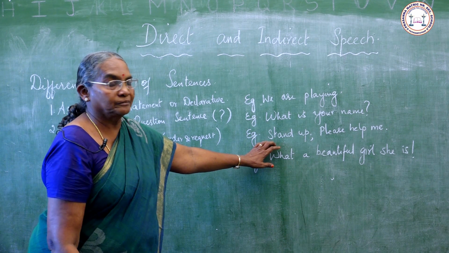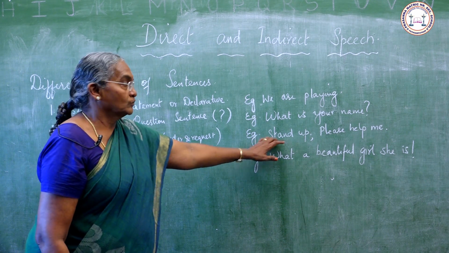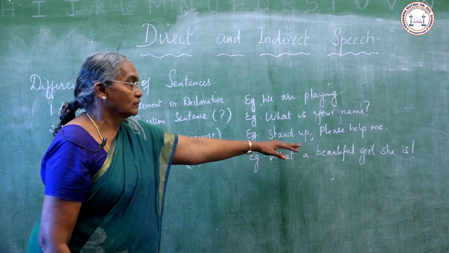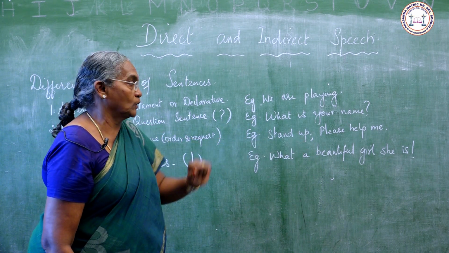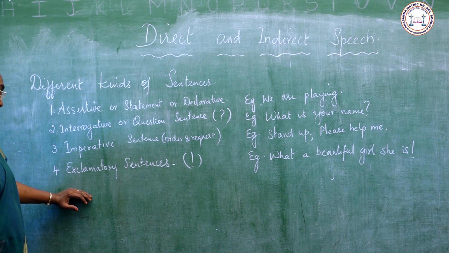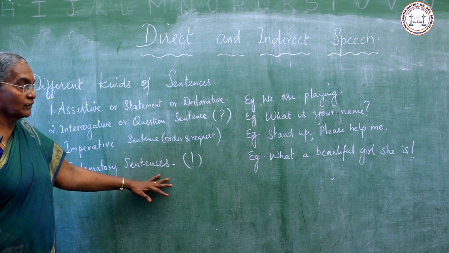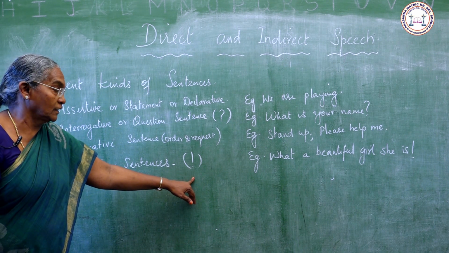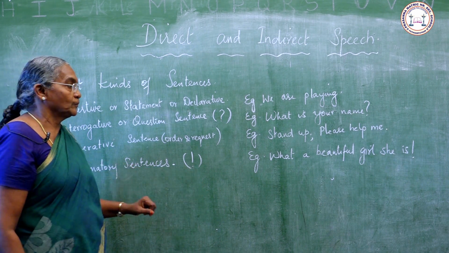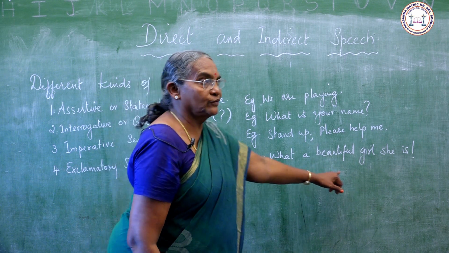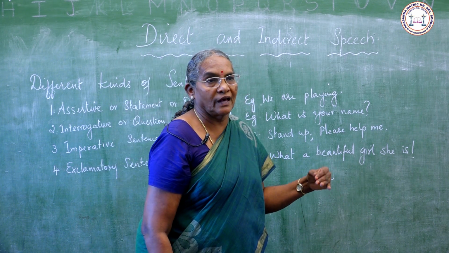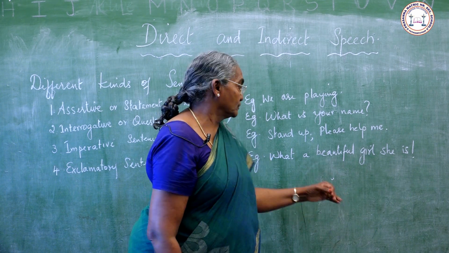Example, stand up. Please help me. Stand up, it's an order. Please help me, it is a request. The next kind, exclamatory sentences. Usually exclamatory sentences end in exclamatory mark. What a beautiful girl she is! It expresses some feelings, happiness or sorrow.